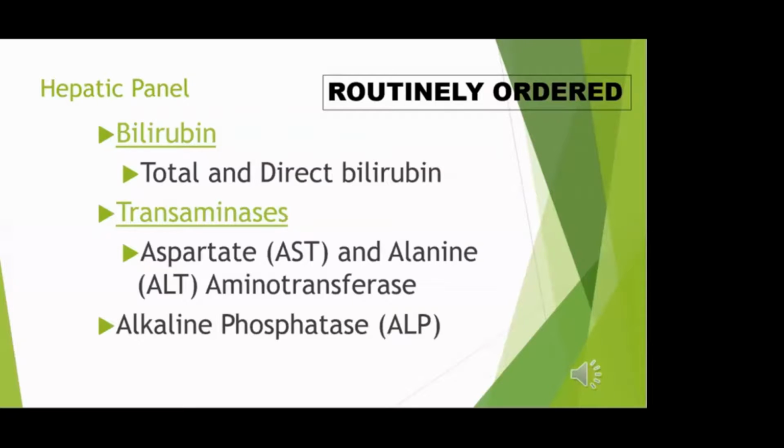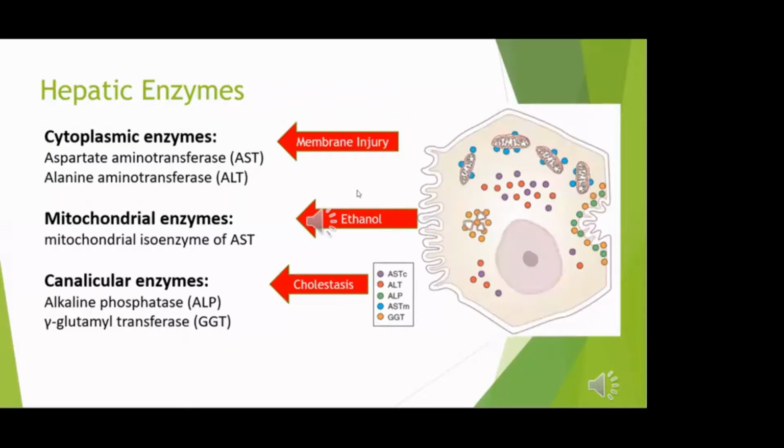Now we go to the more common test, which is the transaminases. This is just a summary of where your transaminases are found within the cells, within the hepatocyte and the bile canaliculi.